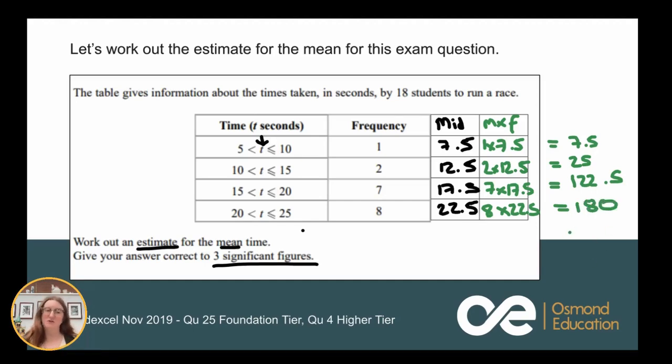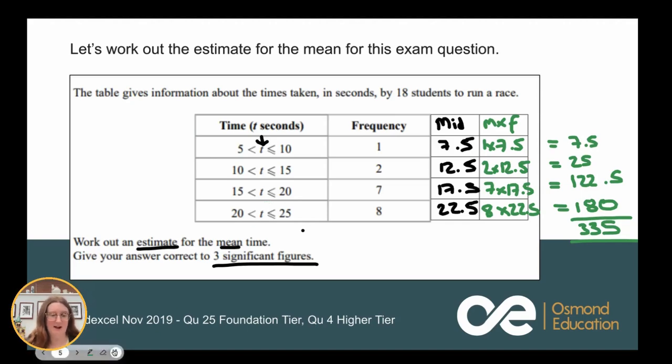Now, a lot of students remember what they need to do is to add up all the numbers and divide by how many we have. So we're going to add up all our numbers and we get 335. Now, here comes the mistake, okay? Students go, I'm going to divide by the number that I have, and they look and we see that we have got 4 groups.